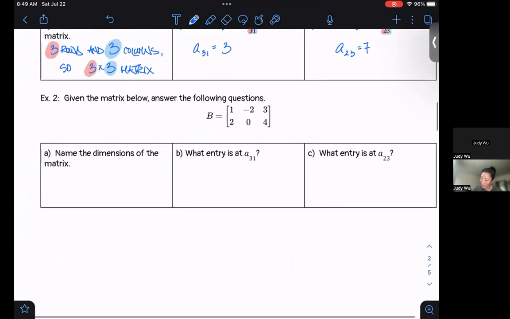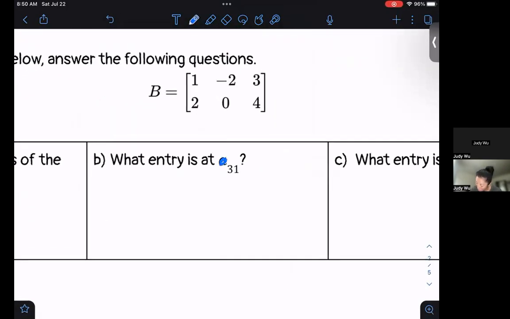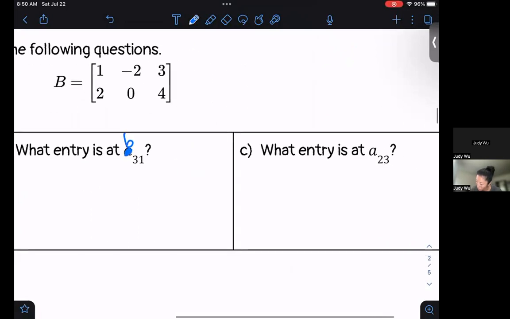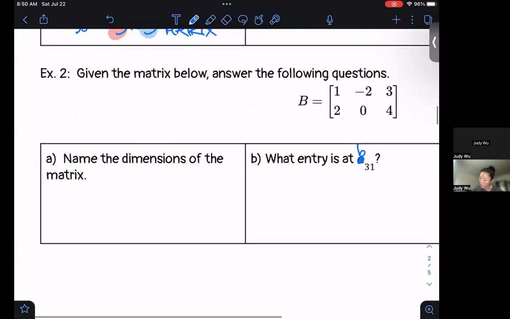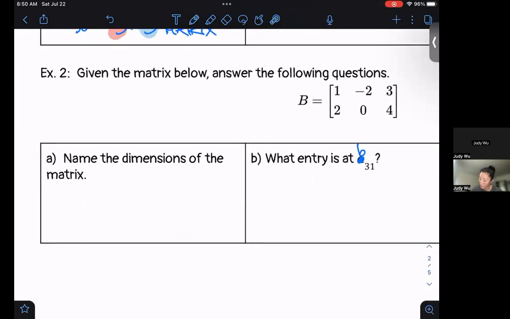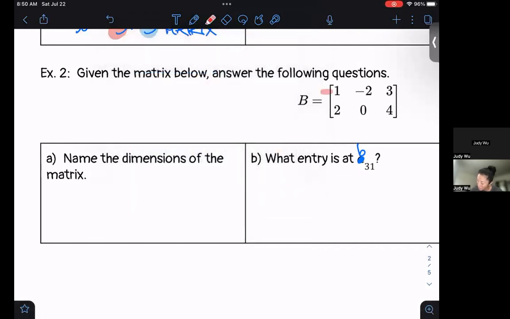All right, let's try another example before we finish this video. So given the matrix below, answer the following questions. So now we have a matrix B. And to be really correct, I really should have called this B31 and B23, okay? But what are the dimensions of this matrix? Well, let's count how many rows we have. 1, 2.